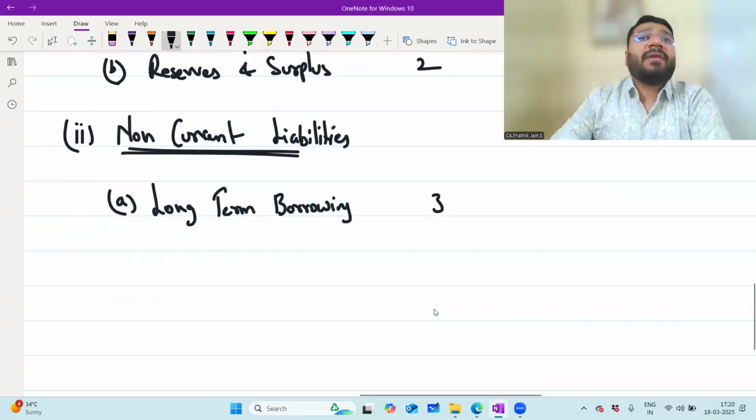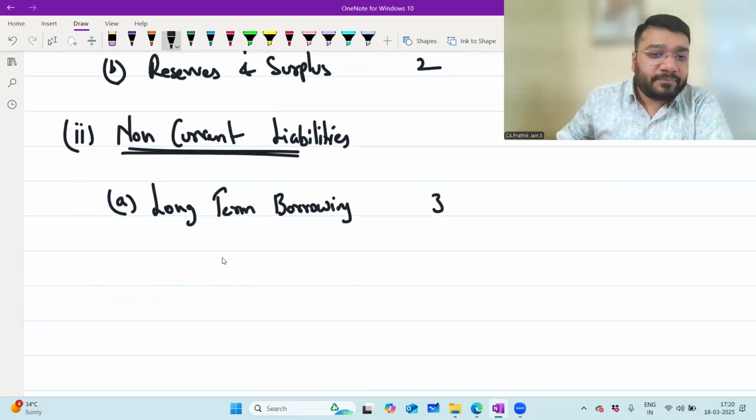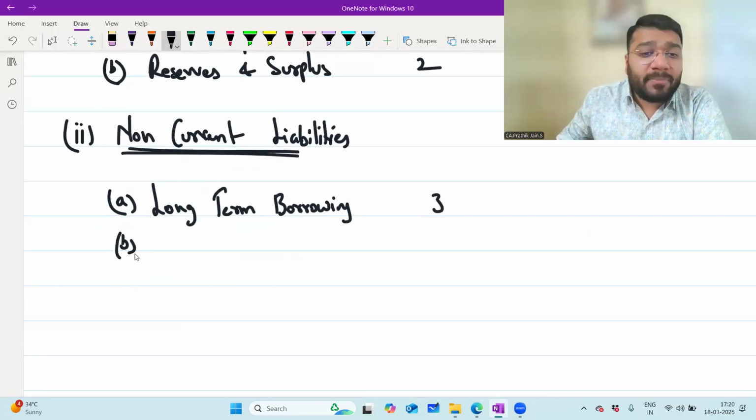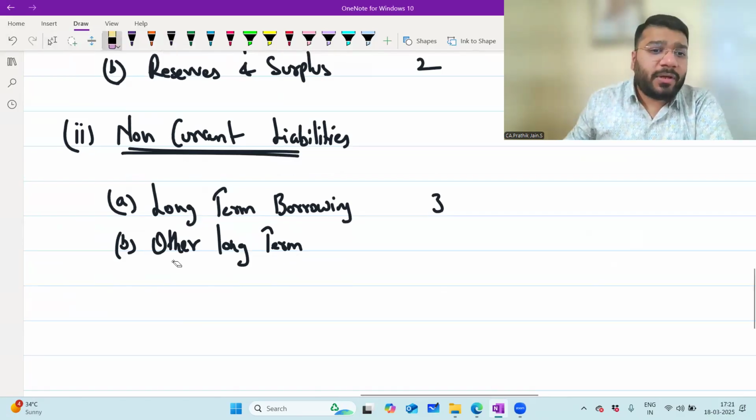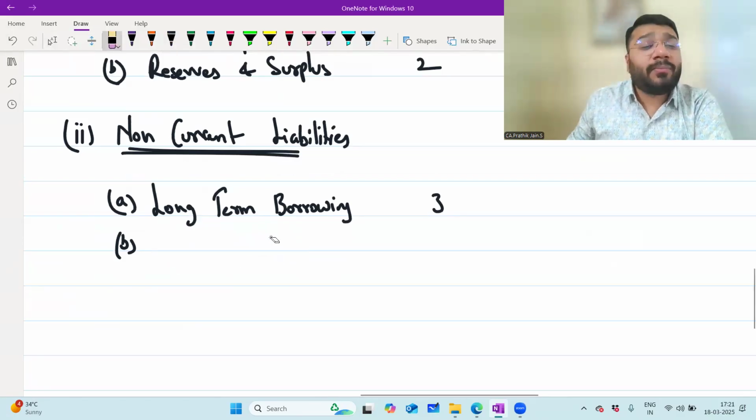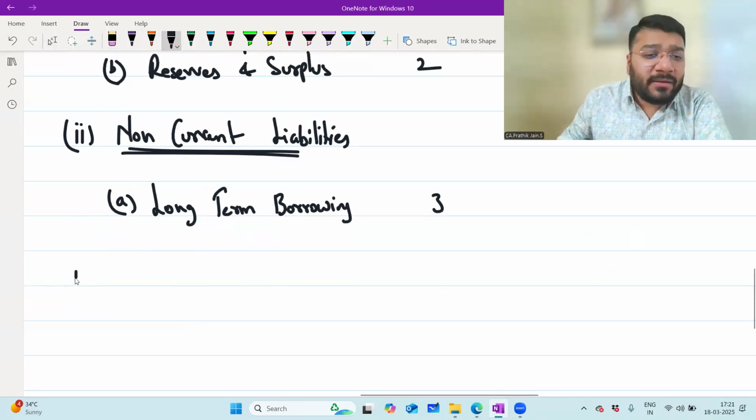So by doing this format, we'll get to know how many notes you have to prepare. B, deferred tax liability, is not there. Next is other long-term liabilities, which are not there. Long-term provision is also not there. That's all, so only one item under non-current liability. Third one is current liability.